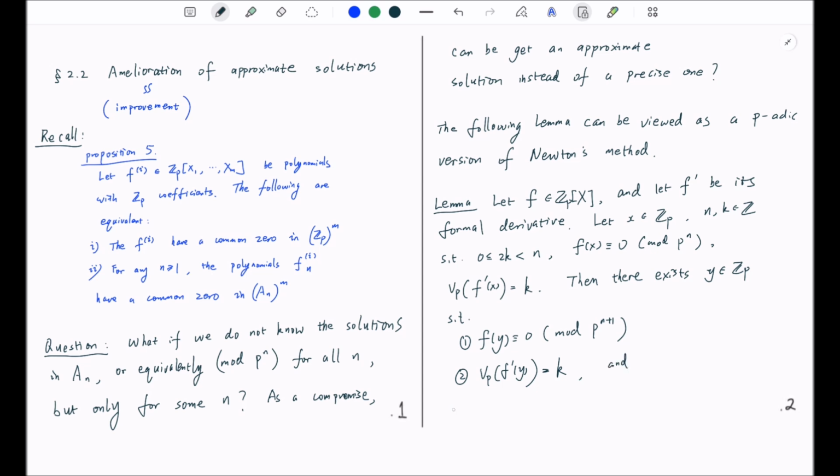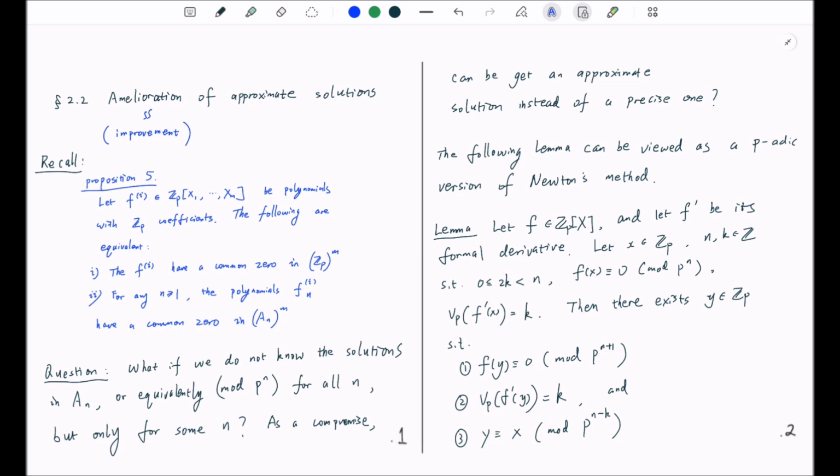And thirdly, y is associated to x in the relation that y is congruent to x modulo p to the power n minus k.